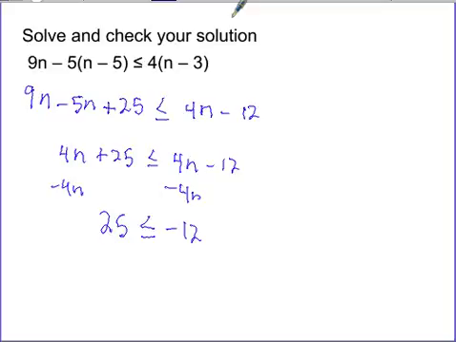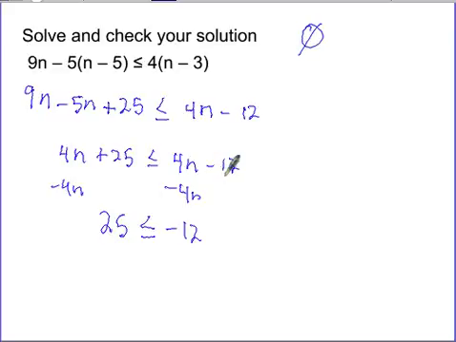It hurts my brain. So what's the problem? There's no variable. We subtracted 4n from both sides. It doesn't work because n can't be one number.